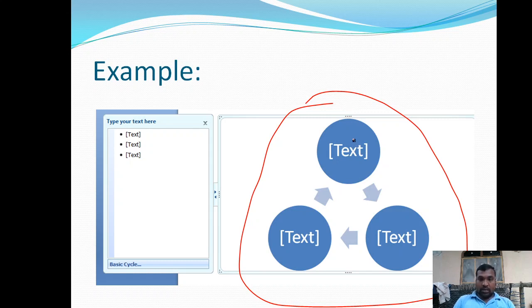And this is the task pane. In this task pane, it is going to display the text that will be displayed on these shapes. In this diagram, all three shapes are of circle type, and the text on each shape will be edited based on this task pane.